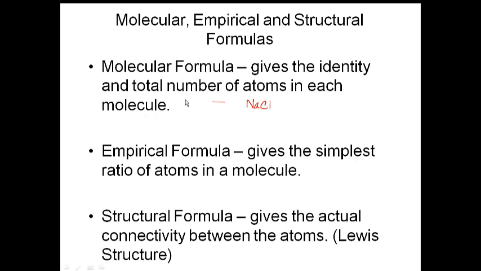I technically cannot use the words molecular formula, because if you remember from general chemistry, NaCl is not a molecule. You can have a crystal of NaCl as big as the amount of sodium and chloride ions that you have. There's no definitive stopping point for NaCl, so we just say formula.